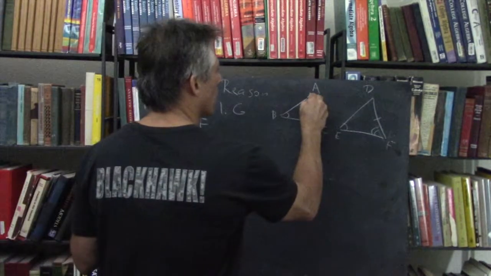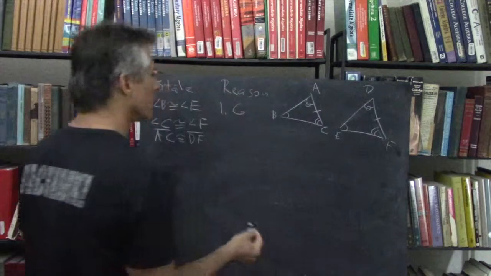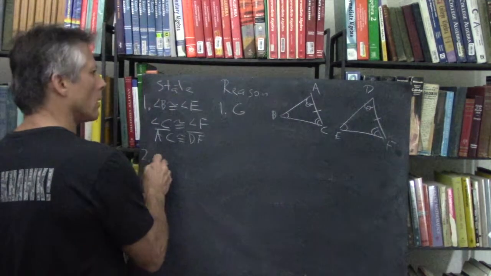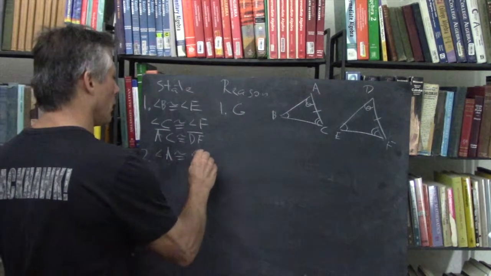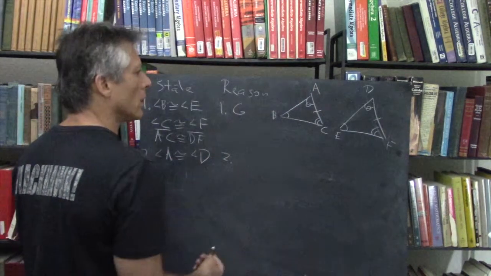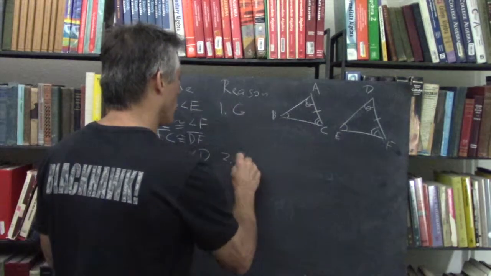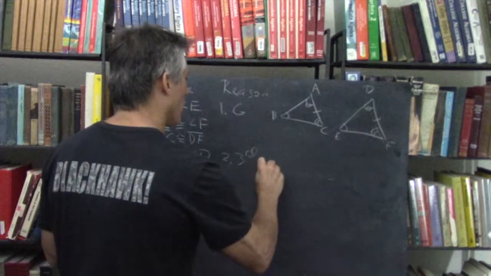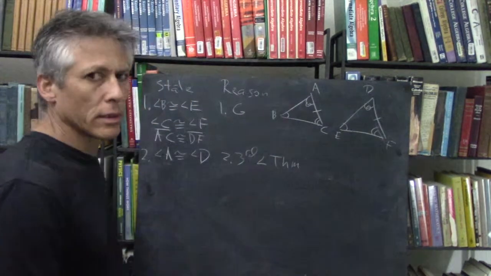So we know that this is congruent to this. Angle A congruent to angle D. Corollary to 3.11. I'll just call it third angle theorem because it sounds nice.